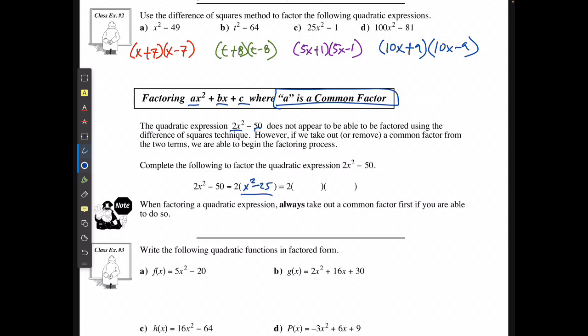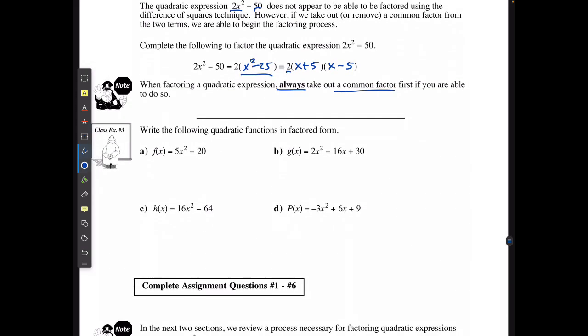Well, now I can see that the x squared minus 25 is going to be a difference of squares, so I leave the 2 on the outside, and then I square root it, x plus 5 and x minus 5. So that's why I said in any case, always try and take out a common factor if at all possible. It is much easier to factor with the smallest numbers possible.